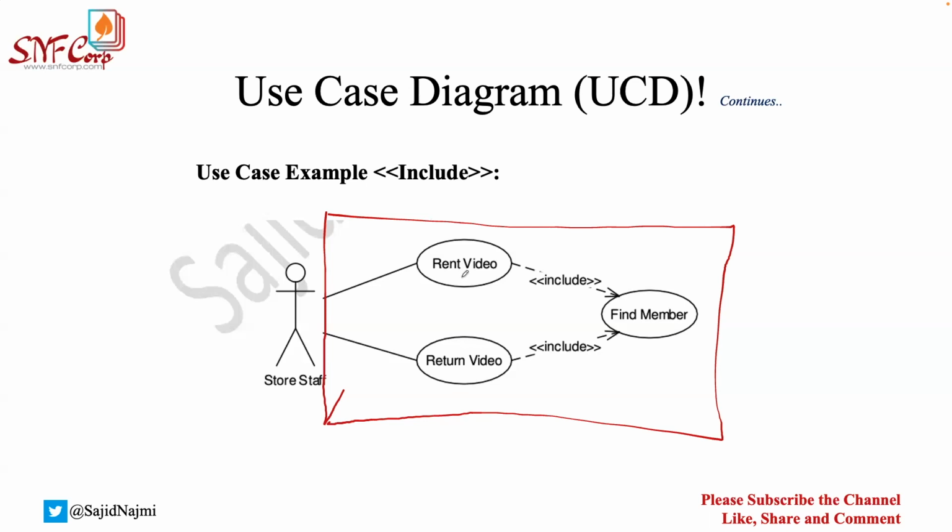The first is rent video, the second is return video, and the third is find member. But the relationship says this find member has an include relationship with return and with rent both. That means in order for us to complete the rent video and return video use cases, we must perform this find member. If we do not find a member, we cannot rent or return a video. So this is the meaning of this include relationship.